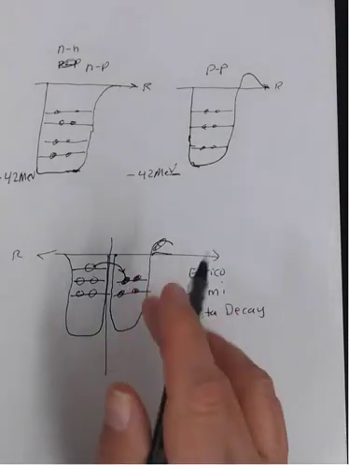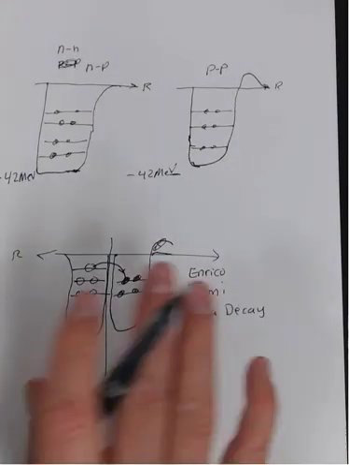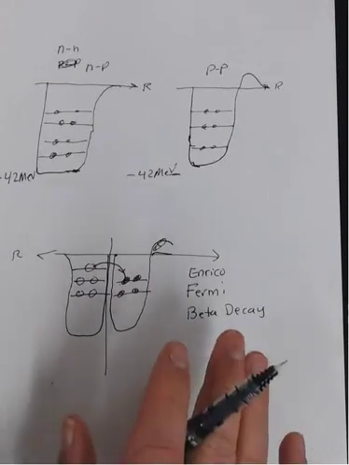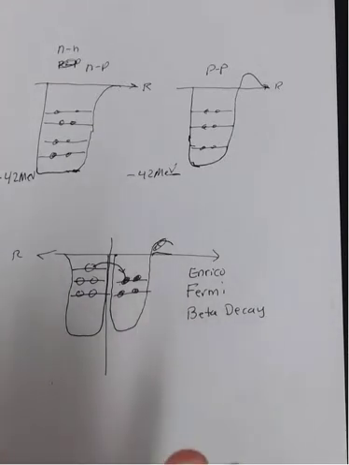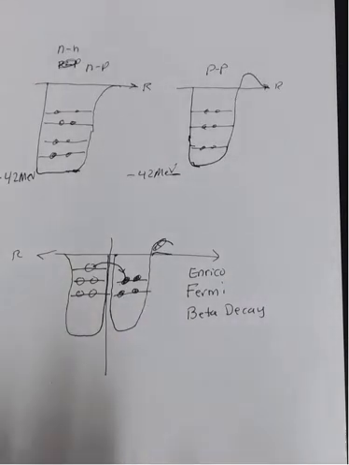Here's the interesting thing: a neutron can actually change into a proton outside the nucleus. It's energetically favorable for that. But a proton can only change into a neutron inside a nucleus. That's not energetically possible outside the nucleus. Although there are people that look for this.